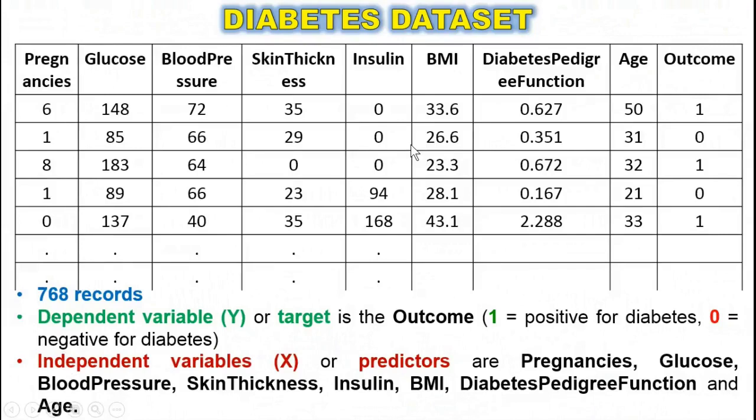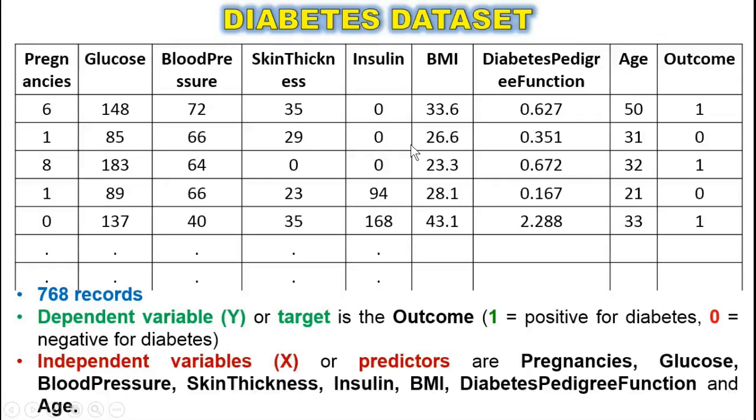The example dataset to classify using the K-Nearest Neighbor algorithm is the diabetes dataset. The diabetes dataset consists of fields, namely the number of pregnancies, glucose, blood pressure, skin thickness, insulin, body mass index or BMI, diabetes pedigree function, age, and outcome.